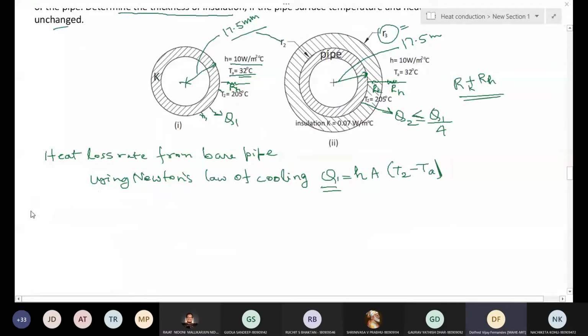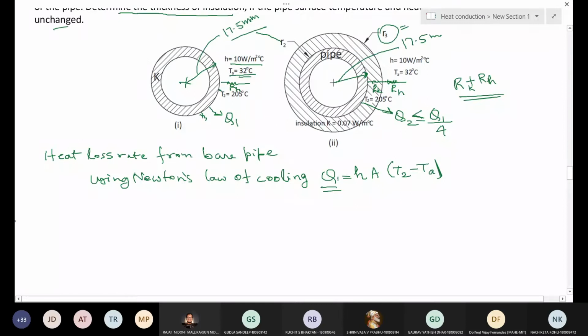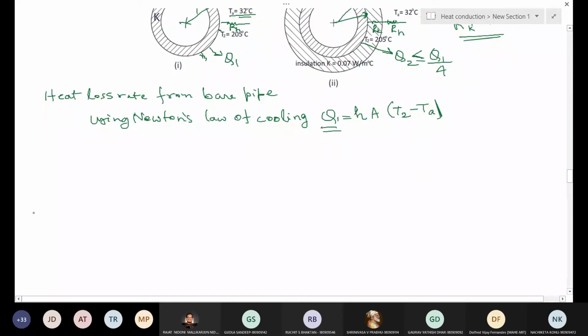So you can say rate of heat transfer without insulation, or rate of heat transfer... something is wrong here.